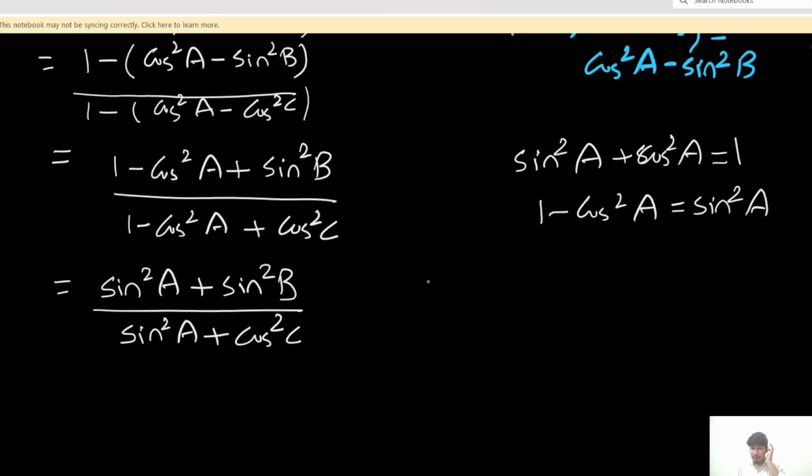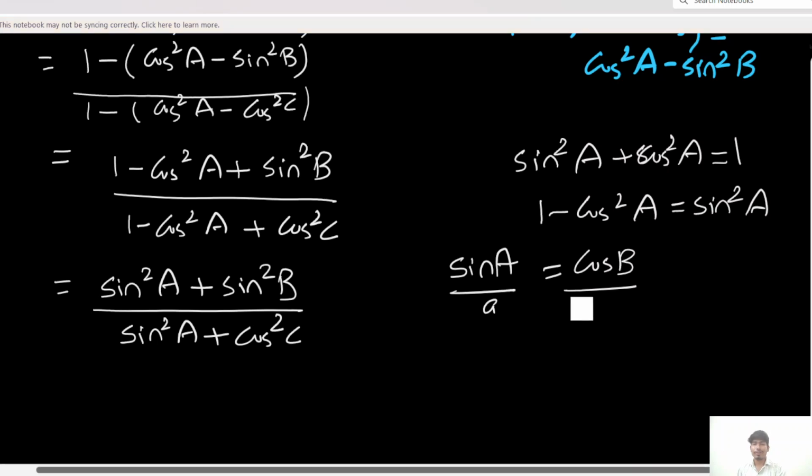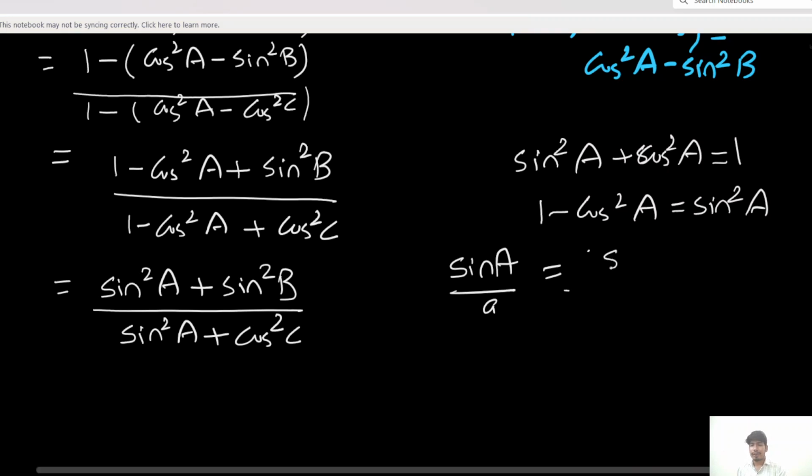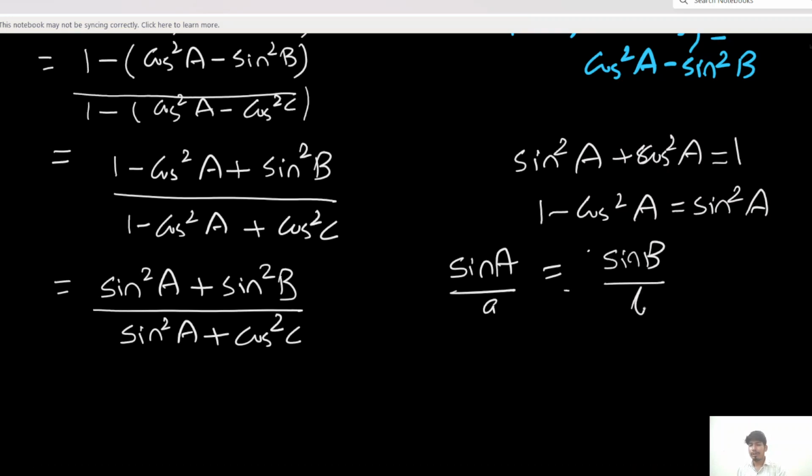Okay students, then apply the sine rule here. The sine rule is sine a upon a is equal to sine b upon b is equal to sine c upon c is equal to 1 upon 2R, where small a, b, c are the sides of the triangle.